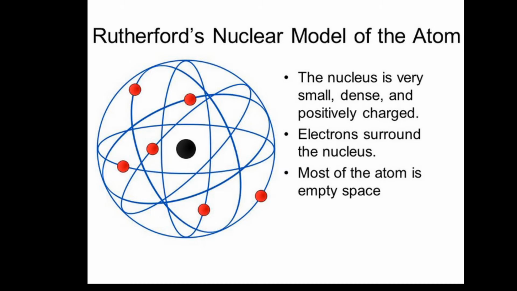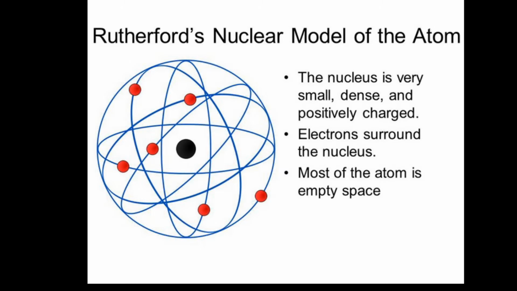Electrons surround the nucleus, and most of the atom is empty space. That means the nucleus is very small, placed at the center, and everything else is empty space. This is what Rutherford said. So we need to prove whether what Rutherford said is correct or not, and we'll see how they used an experiment to prove it.